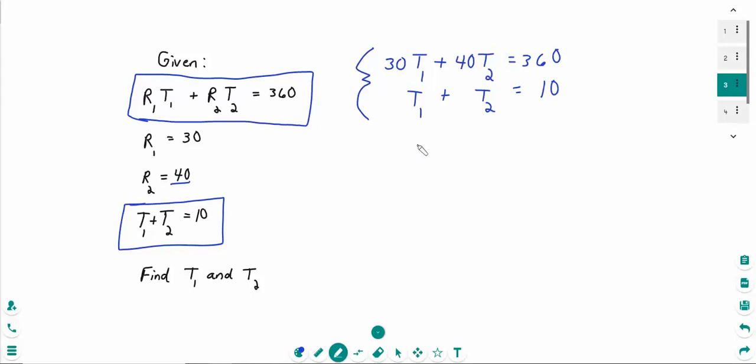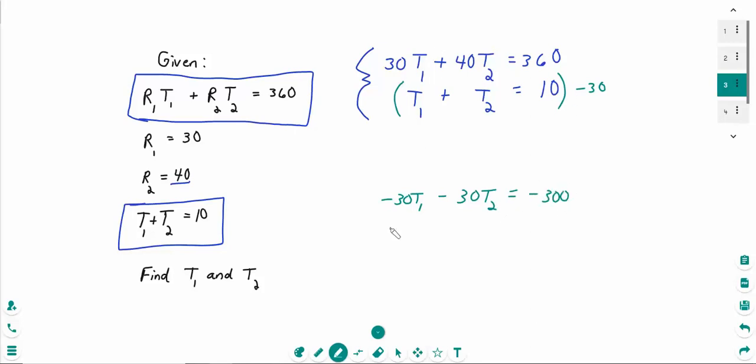All right, so here we have a system of equations in two variables, and like I said, let's use elimination this time. So let's multiply this bottom equation by negative 30, okay? And if we do that, we're going to end up with negative 30 t sub 1 minus 30 t sub 2 is equal to 10 times negative 30, which is negative 300.